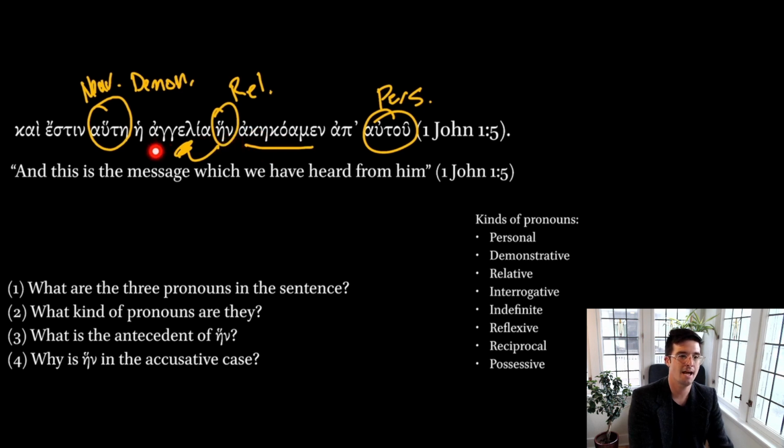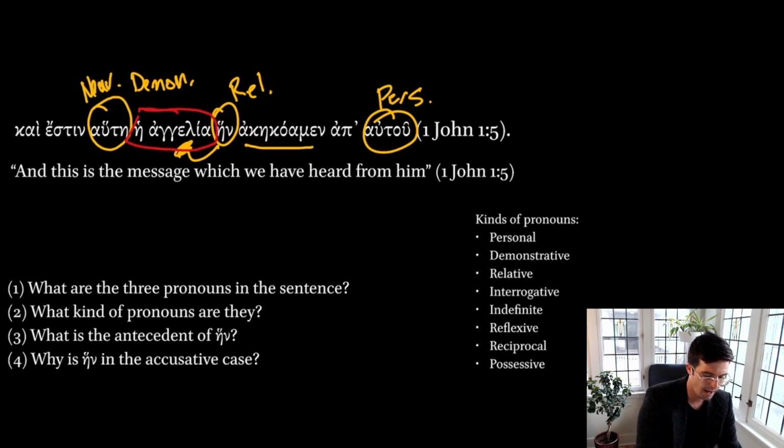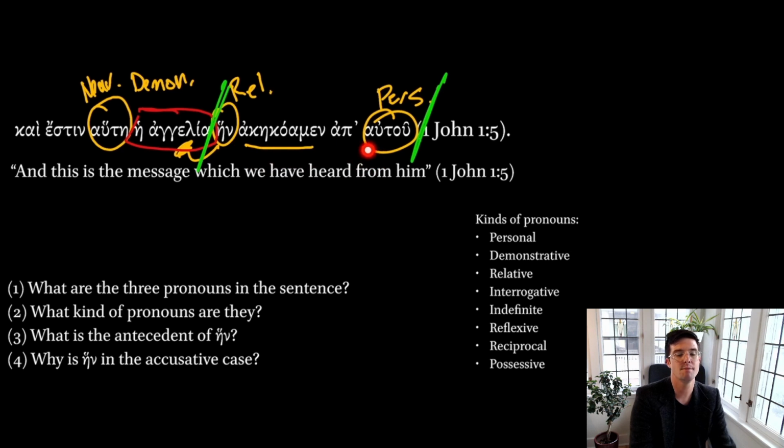So whereas he angelia is the subject, actually, more technically it's the predicate of the to be verb estin. And this is the message which we have heard. So the thing we have heard, which we have heard, from hen on, is going to be a relative phrase, which we have heard from him.